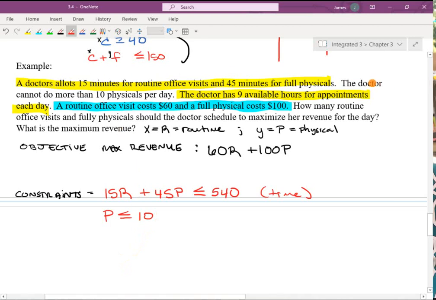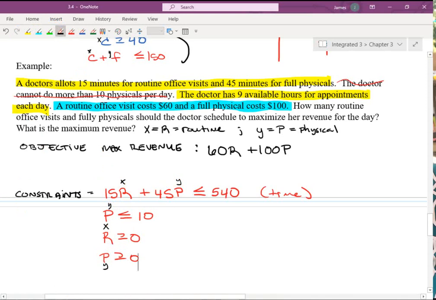So we've done the stuff in yellow. It doesn't give me any other thing, right? So then we just got to remember that routine has to be bigger than 0, and physicals have to be bigger than 0. Again, if I want to go back to using X's and Y's, R is X, everywhere I see an R, I'm going to replace it with X, and P is the Y.